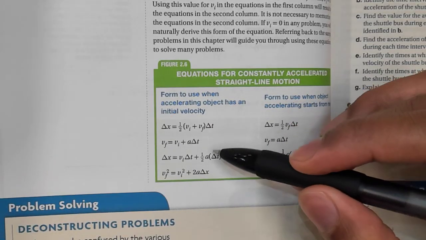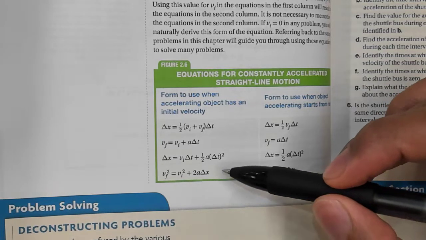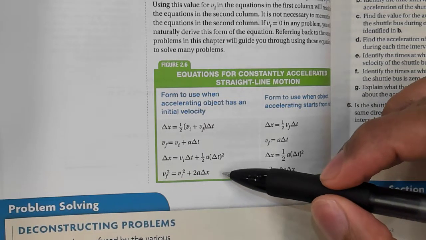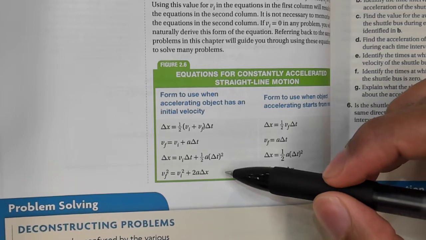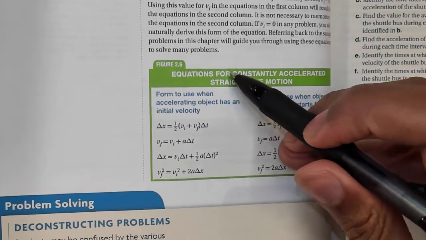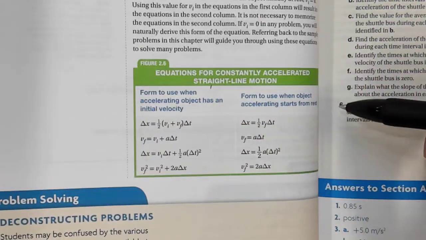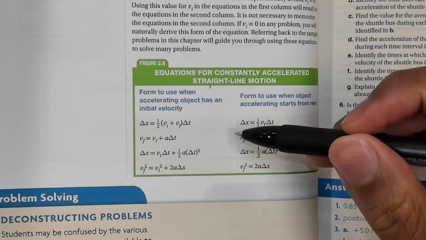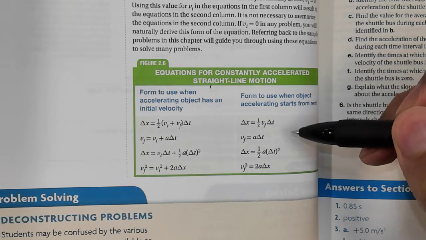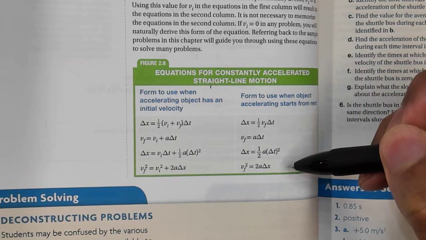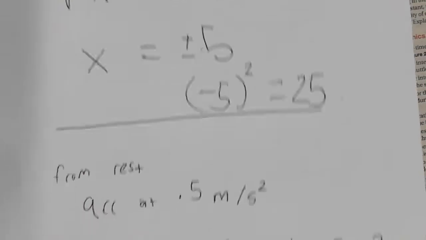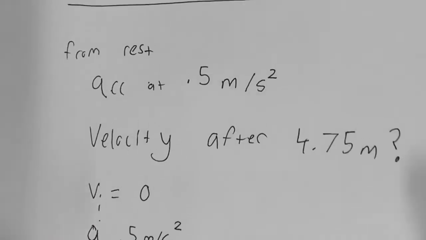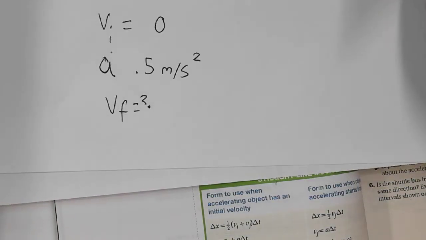So let's look among these 4 equations, see which one we need. Well, actually, remember, Christian started from rest, or from an initial velocity of 0, so we can look on the right side. We use these equations for an object that starts from 0 velocity, accelerating from rest. So we were given initial velocity, acceleration.